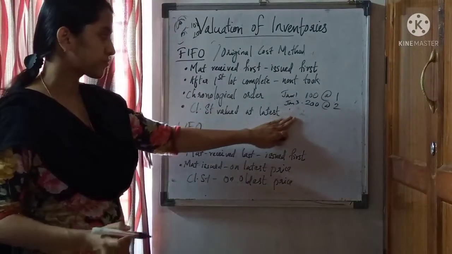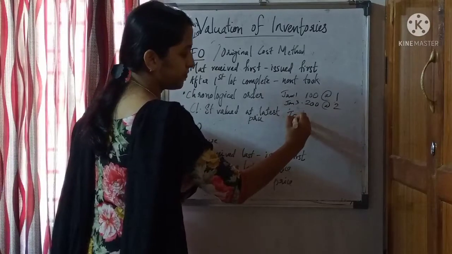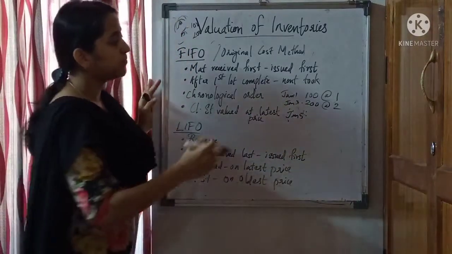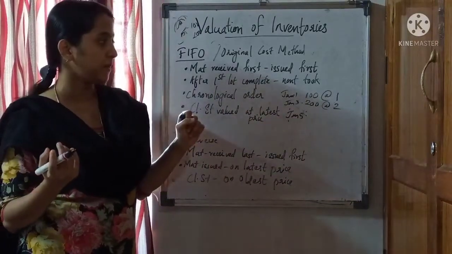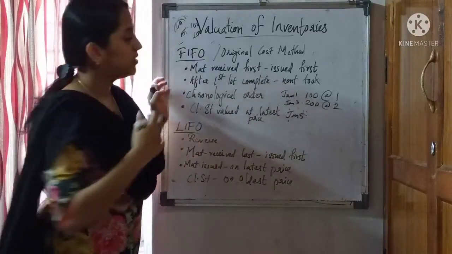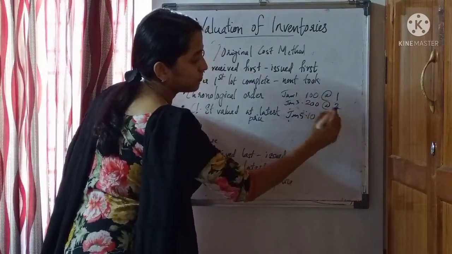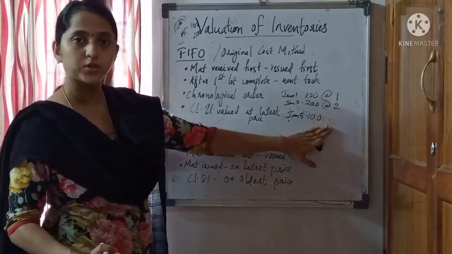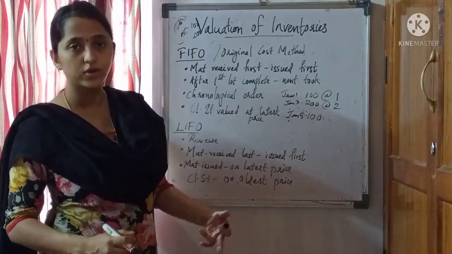Then on January 5, we make an issue of 100 units. If the question only says we issue 100 units, then we have to choose at which rate to issue.